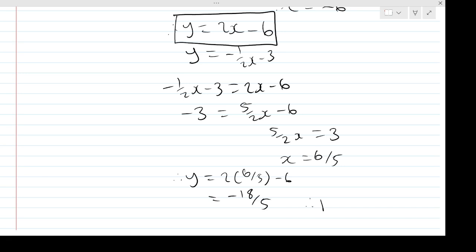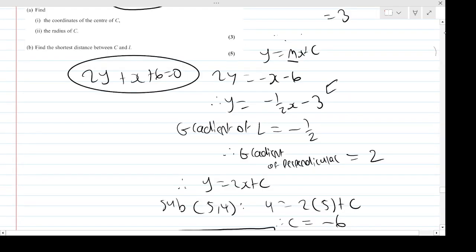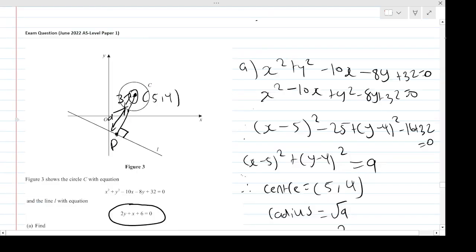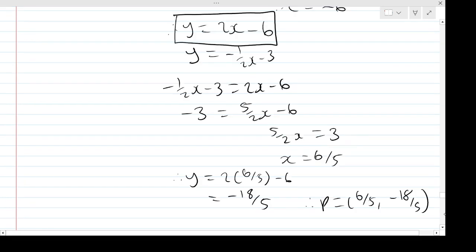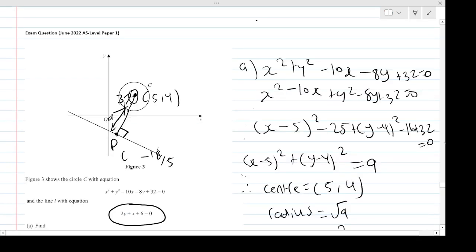So the point P, the point of intersection between the two lines, was 6 over 5 for x and minus 18 over 5 for y. Let me write that here. I know the y value is minus 18 over 5, and x is 6 over 5. There we are, so that's my point.